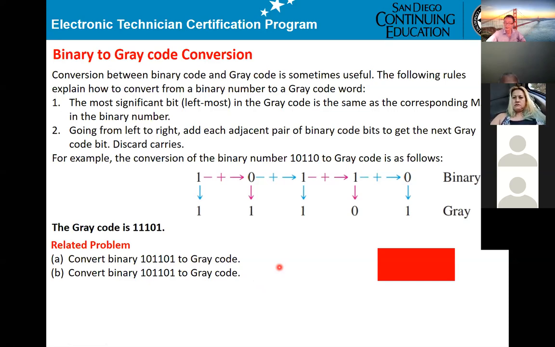Make sure you understand. First thing, number 1 must be put down here. Then you keep adding, adding, adding, adding, without any carry. They ignore the carry. 0 plus 1 is 1.